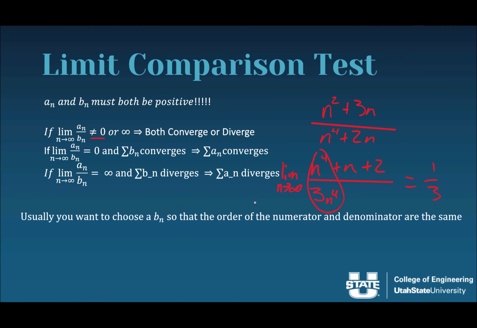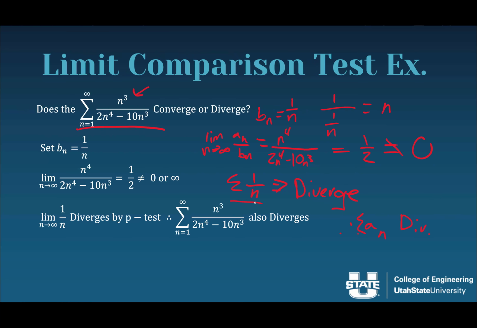We're trying to get it so if it doesn't equal 0, or if we were to go up 0, then for that specific problem, if we set it up and we got a limit equal to 0, because b sub n diverges, that doesn't tell us anything.